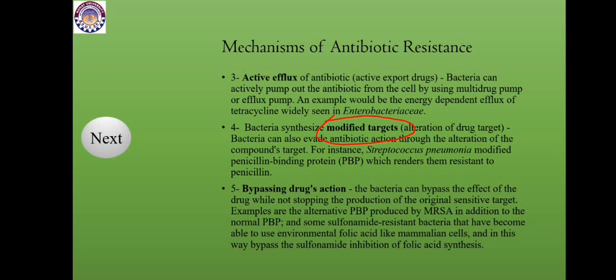They won't stop the normal protein binding sites, but they would also release the alternative protein binding site PBP, which is an example shown by MRSA, methicillin resistant Staphylococcus aureus. The antibiotics would bind to these alternative sites, and the normal sites would then be safe. So this is how they show the resistance. The bacteria is not killed, it is not dead, it still continues to increase its number and cause infection.